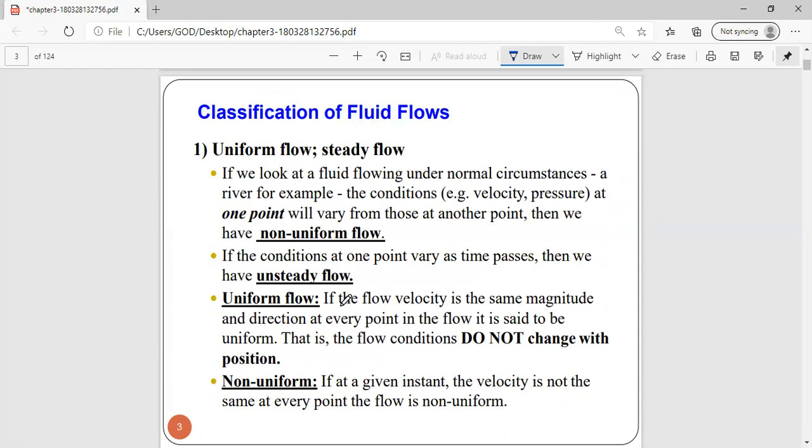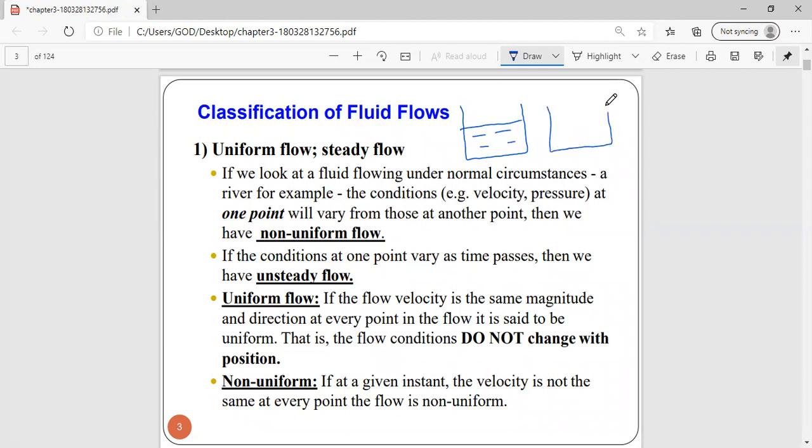Coming to fluid flows, why do we need to study them? That is the first important general question everyone will ask, because fluid behavior is not the same in all instances. I'll tell you a simple example. I have a bucket of water which is stationary, no force is applied.